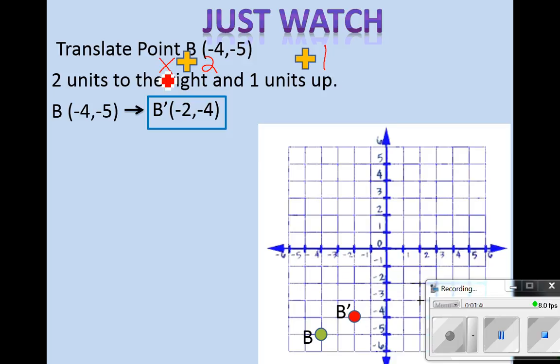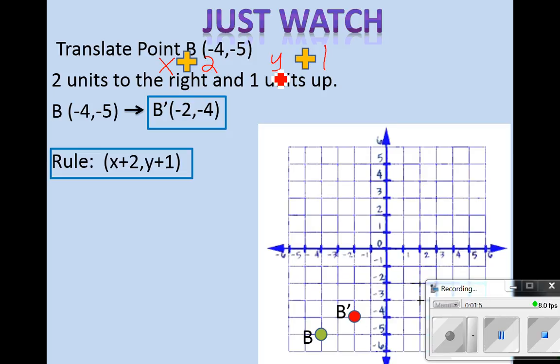And if I'm moving up, that's on the y-axis. I've basically created my rule, so now I can write the rule and put a box around it. I have rule, and then I have a big parentheses with a comma in between it because it's looking at a set of ordered pairs. And we're going to add 2 to the x values and add 1 to the y values. And that's how we get x plus 2, y plus 1 as our rule.